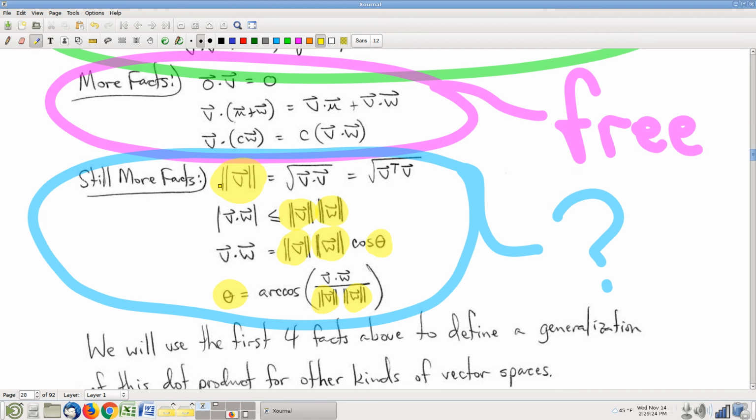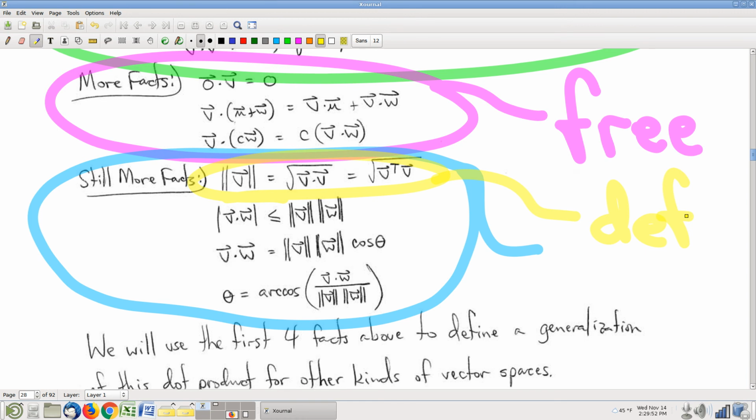So what we're going to do here is take a completely different point of view. The fact that these are undecidable allows me to do the following. I'm going to take this equation here and call that the definition of a magnitude.